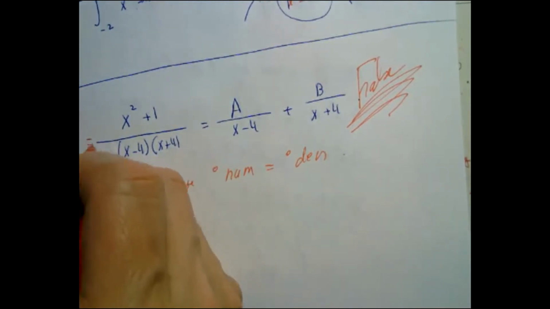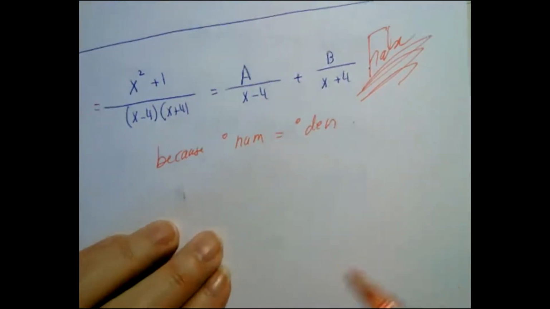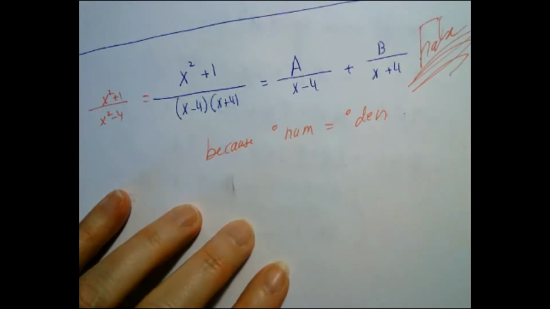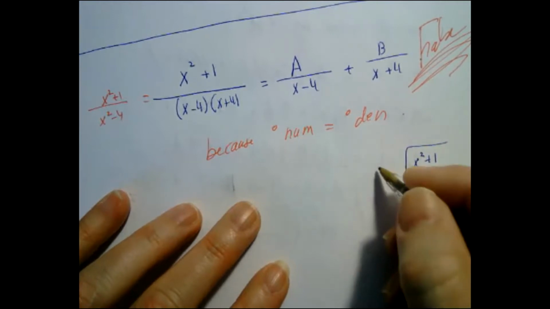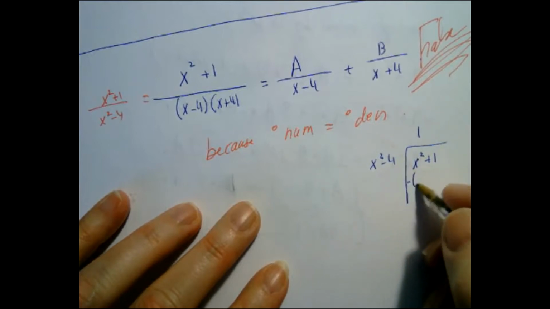So now to divide, you have to rewrite it as x squared minus 4. And then if you want to decompose this, you have to start the division process. Means you have to take x squared plus 1 divided by x squared minus 4. And then that's going to give me easily the 1.